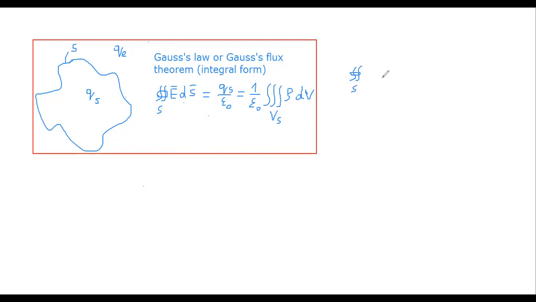According to this, the surface integral of E dS is equal to the triple integral over V of the divergence of E dV.